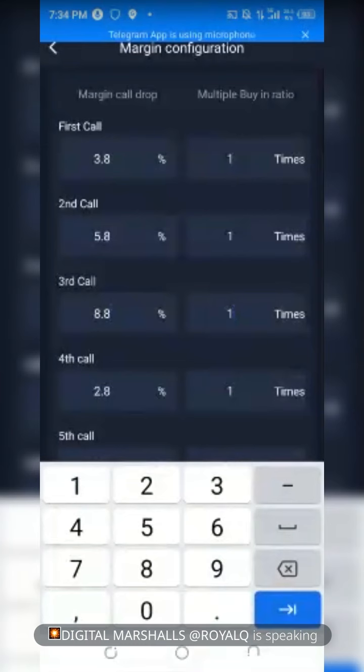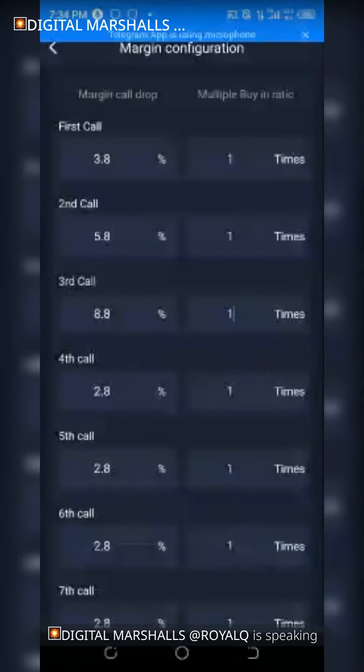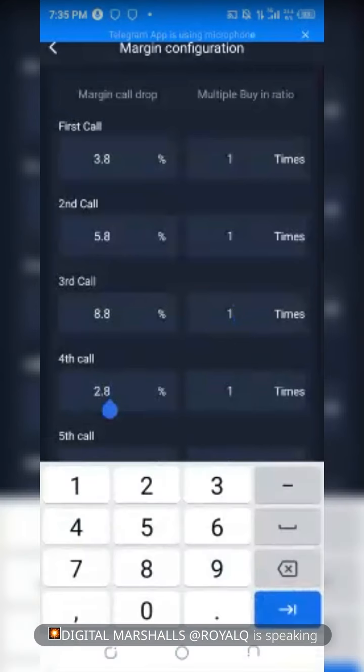Dollar cost averaging is a process whereby an investor or a trader buys an asset in smaller increments as the asset drops further down, so that when market is coming all the way back up, you can have even twice or 3 times of your initial capital. So RoyalQ has given us that opportunity to use the dollar cost averaging strategy to manage our capital well. It gives us the chance to do the editing the way we want it.